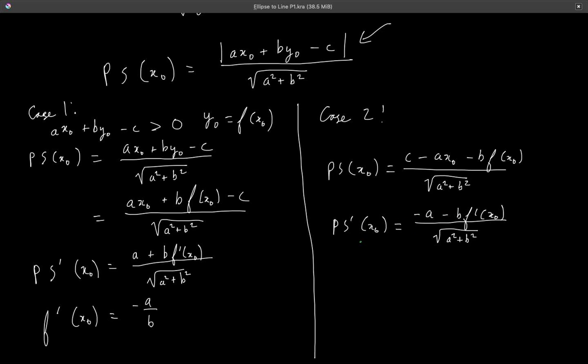It becomes absorbed in the 0. So the sign inconsistency across both cases completely vanishes. So we see that, again, we have f prime of x0 equals negative a over b, and once again this is equal to the slope of the given arbitrary line. So this proves our theorem.